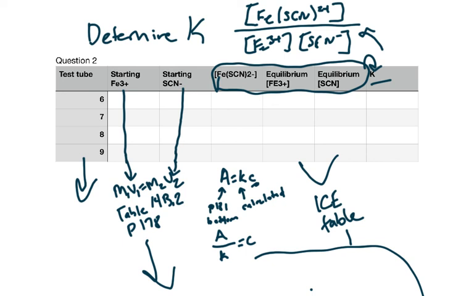Then 2B on page 185 says determine the precision of your results for K using the method shown in Appendix A. You don't have Appendix A, but I will put up a link for a website that will get you the standard deviation, or again, if you know how to use a program like Excel, you can get a standard deviation from there.